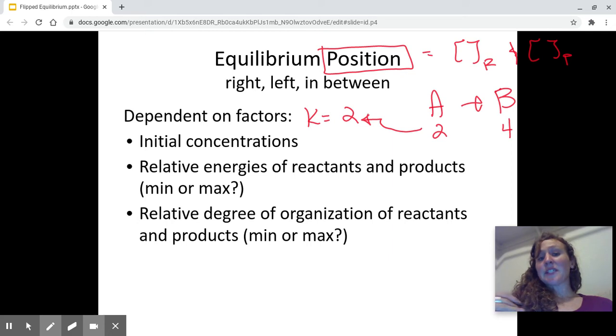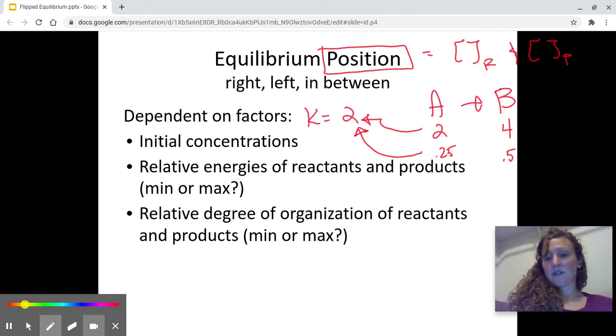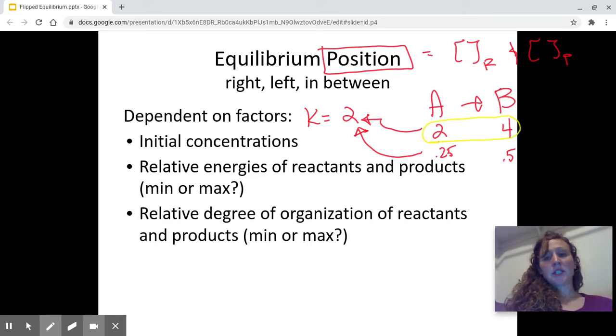Or we could have different equilibrium positions of 0.5 B and 0.25 A, which would still satisfy our law of mass action of 2. Notice I have 2 different sets of equilibrium positions. Equilibrium positions is referring to the concentrations of reactants and concentrations of products.